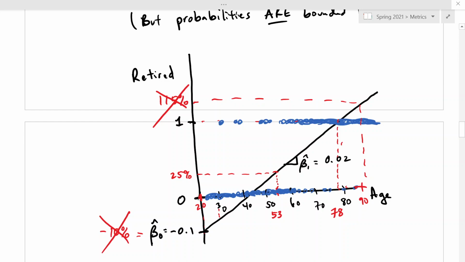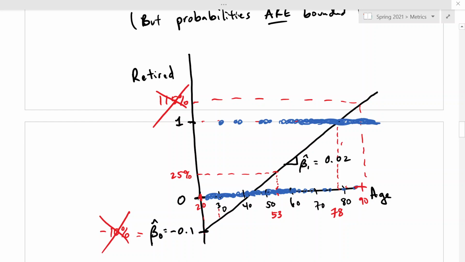That's mathematically impossible. So this linear probability model, at least at the basic level, doesn't have a way to prevent these unrealistic and impossible probabilities from existing.